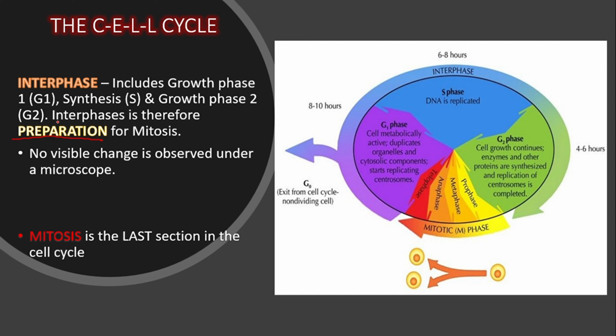Okay, so it would have grown to a point where you can see that the cells have condensed, they are thicker, and therefore it's basically growing. Okay, so no visible change is observed under a microscope. So you won't really see it, but there is basically activity happening in this space, and then it will be prepared for mitosis. And mitosis is then the last section in the cell cycle.